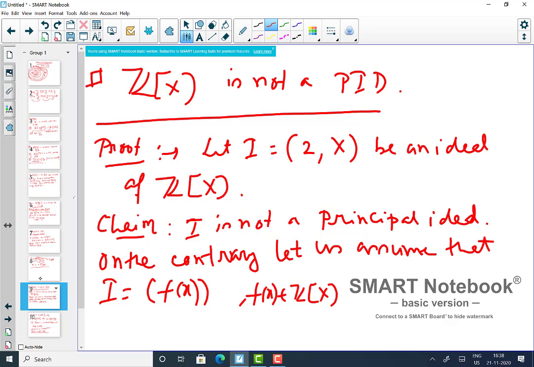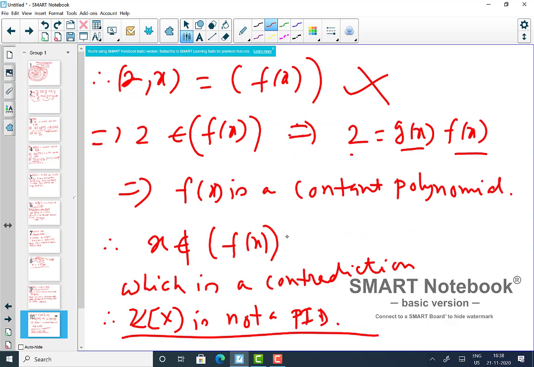For example, here 2 is not a special element. You can choose any prime, and instead of x you can also choose some other elements. Still you can prove that these ideals are not principal ideals. But that is just an example. To prove something is a PID is not easy, because checking that every ideal is a principal ideal is sometimes difficult, right?